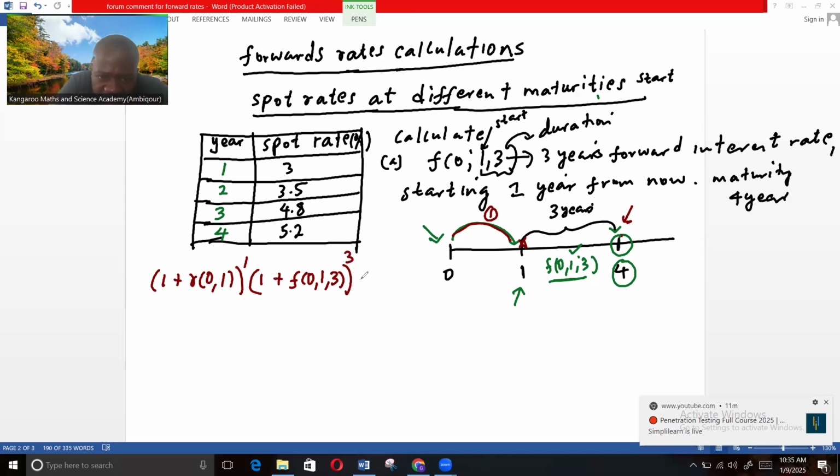So this is the same as starting from 0 up until 4 years, which is just the 4 year spot rate. So it's the same as 1 plus the 4 year spot rate to the power of 4. You see, when you add this, 1 plus 3 is the same as that.